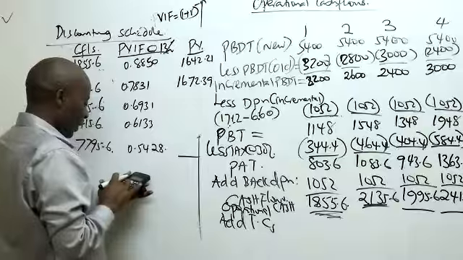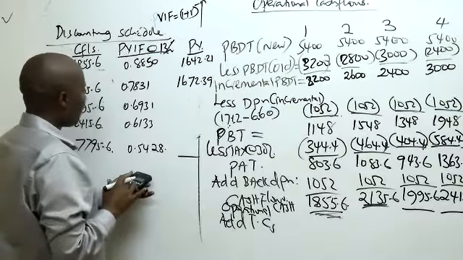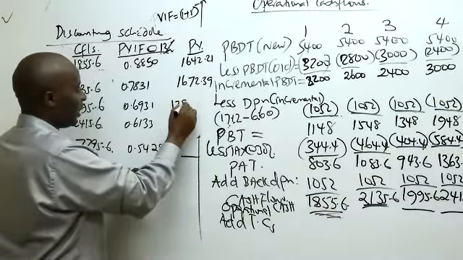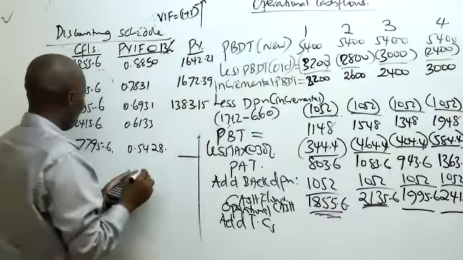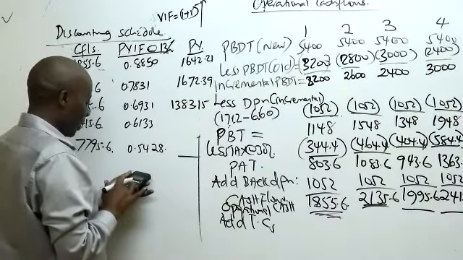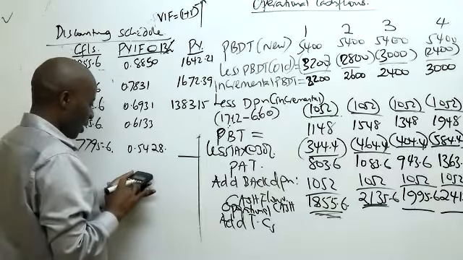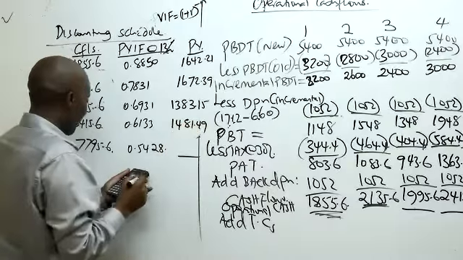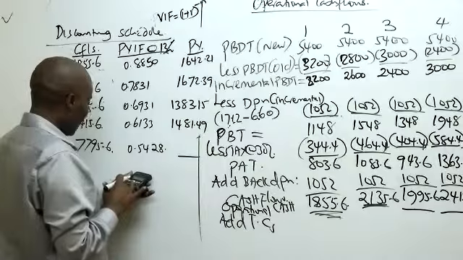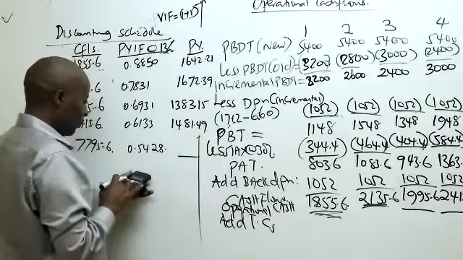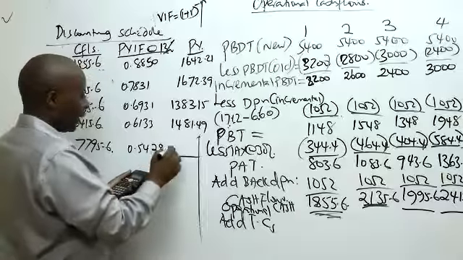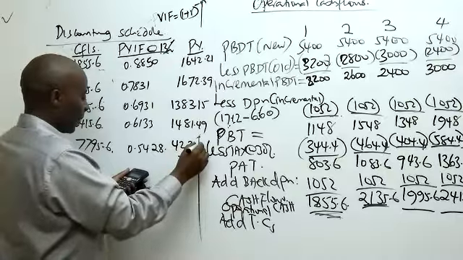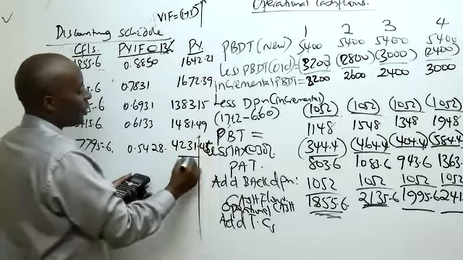Then 1995.6 times 0.6931 gives us 1383.15. Then 2415.6 times 0.6133 gives me 1481.49. Lastly, 7795.6 times 0.5428 gives us 4231.45.